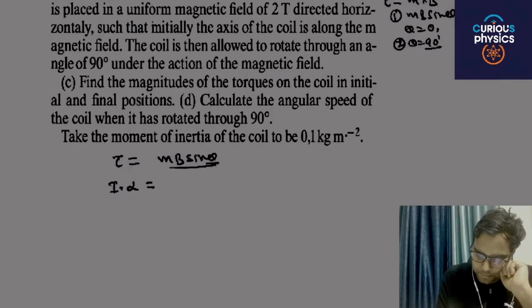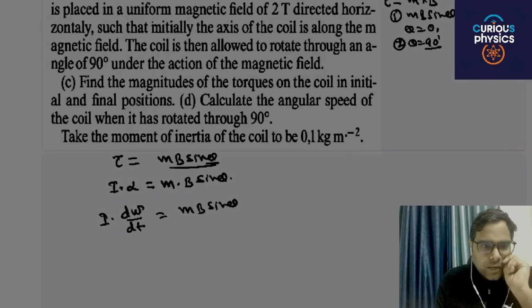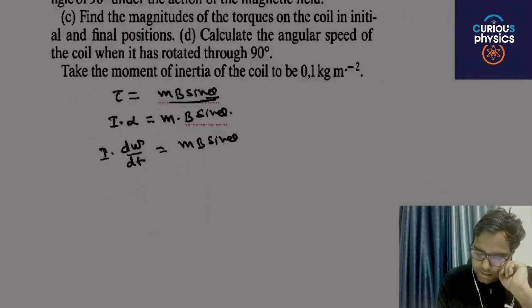M is M, B is B, and you can say sin theta. You can write I, angular speed by time, is equal to MB sin theta. Are you able to get my point? Next, torque is I d omega by dt.